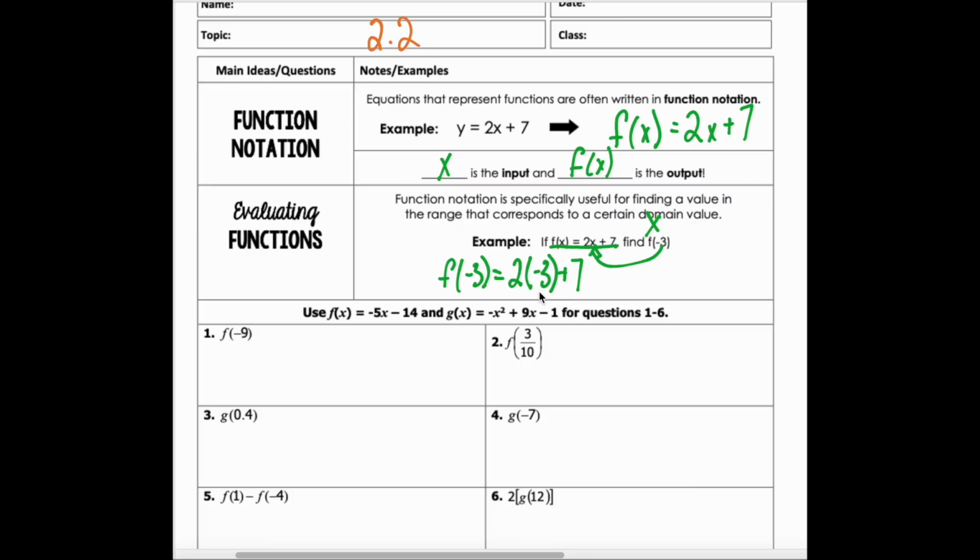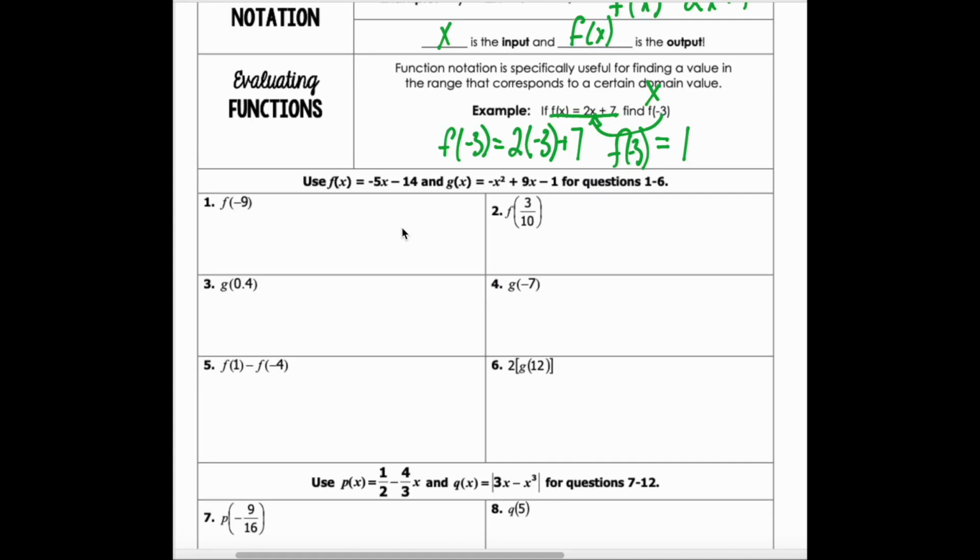So 2 times negative 3 is negative 6. Negative 6 plus 7 is 1. So you would say f of negative 3 equals 1, meaning the input of negative 3 for this function equals 1.